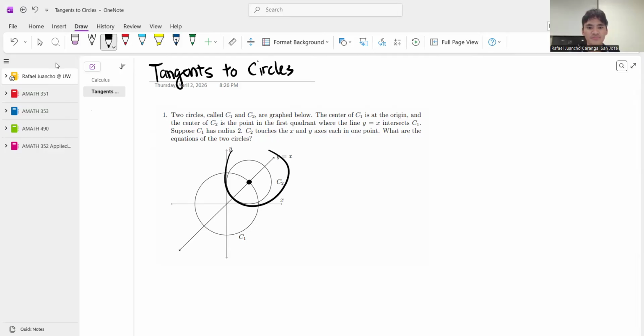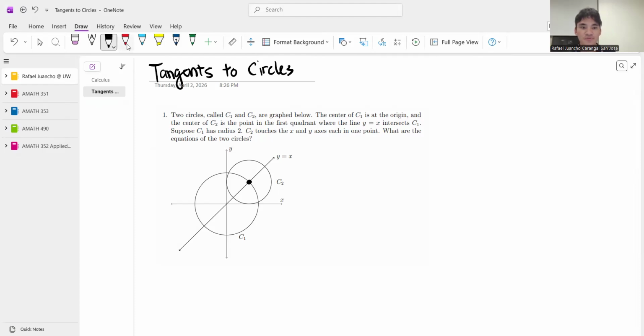This is where the line y equals x intersects C1. So it's the intersection of C1 and y equals x. Suppose C1 has a radius of 2. C2 touches the x and y axes each at one point. What are the equations of the two circles?